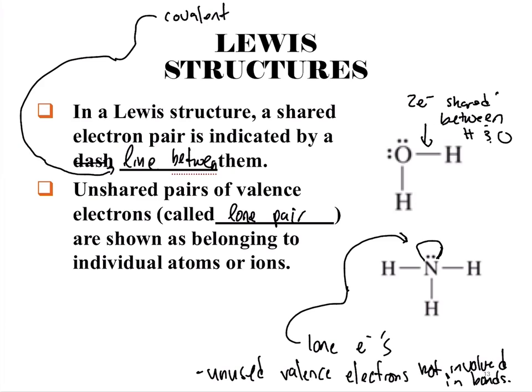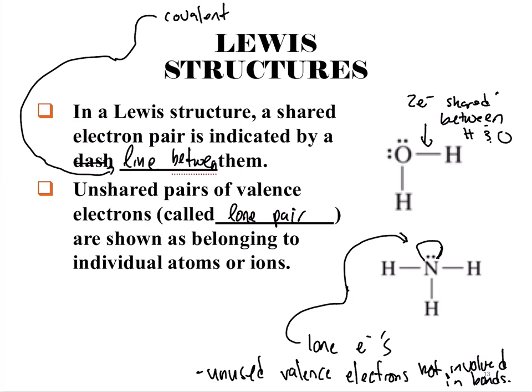So anything that isn't used in bonding, so the group 5 elements, for example, like nitrogen, you're always going to have 2 electrons left over. Those exist as what we call a lone pair on the atom. They're important for determining the shape of the molecule still, but they aren't involved in bonding at all, right? So in the orbitals, the sublevels, these electrons still exist, but they haven't started to bond with any other atoms.